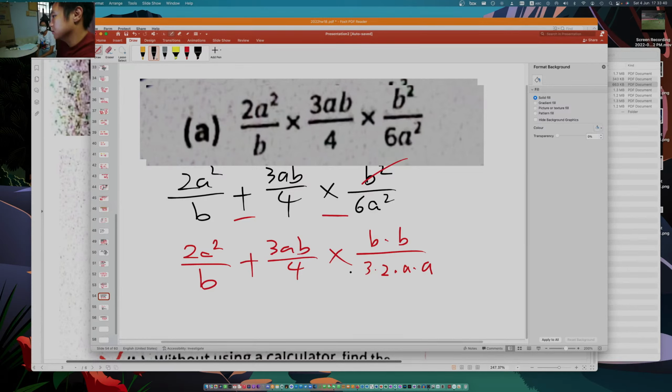That means don't do this one first. So I see an A which I can cancel. I see a 3 I can cancel. Anything else I can cancel? Just for the times, nothing else. So B, 3B. Oh, by the way, it's plus plus, so this one 4 times 2 is 8.